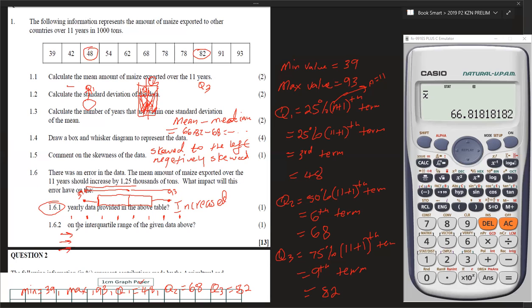So it can remain the same. Or they can do this. They can increase here and leave that one the way it is. Does it make sense? So which means the IQR can increase or decrease, basically, depending on how we are adding, right? Perfect. So you can say it will change or remain the same. Change meaning increase or decrease. Does that make sense? Yeah, so this one was an open-ended question.